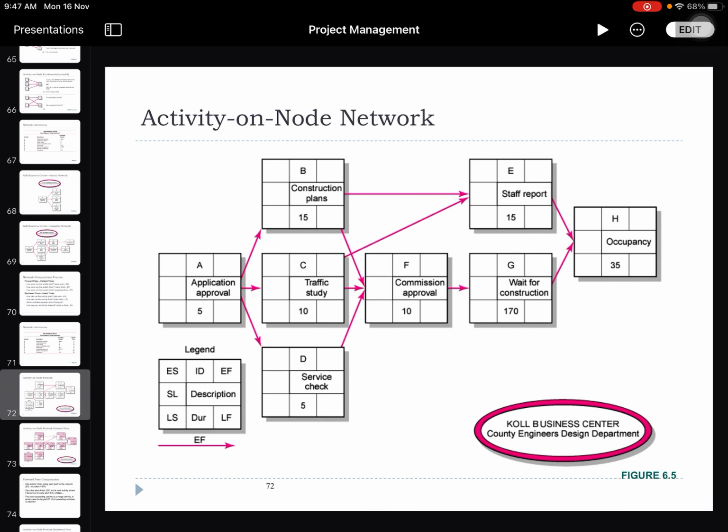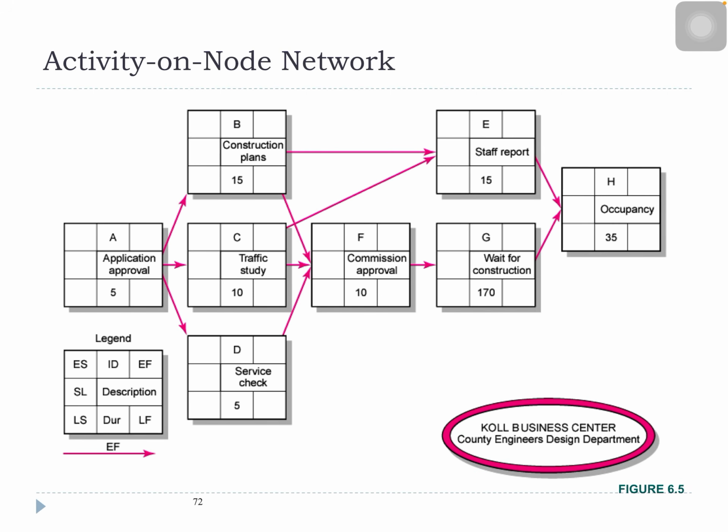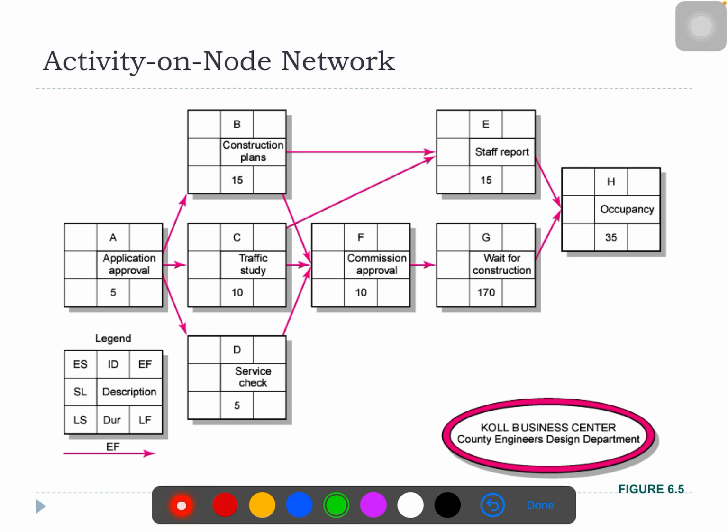If you realize, we have these boxes that tell you the ID of each process, here A, B, C, and D. And we have some short forms or acronyms: ES, EF, SL, LS, DUR is duration, and LF.